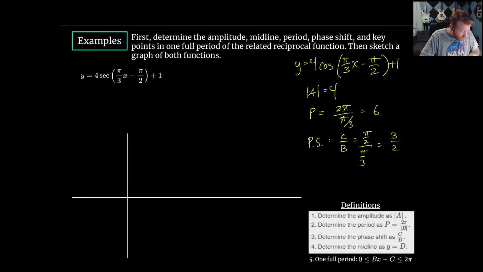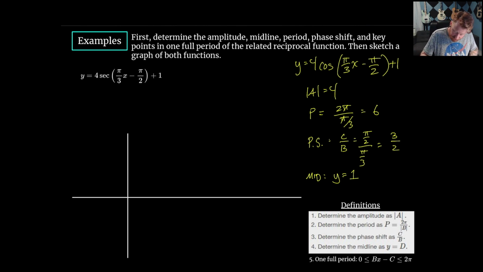And then the midline is going to be y equals 1. So this is going to be shifted up 1 unit. And then we want to use information about 1 full period to figure out where things should be.